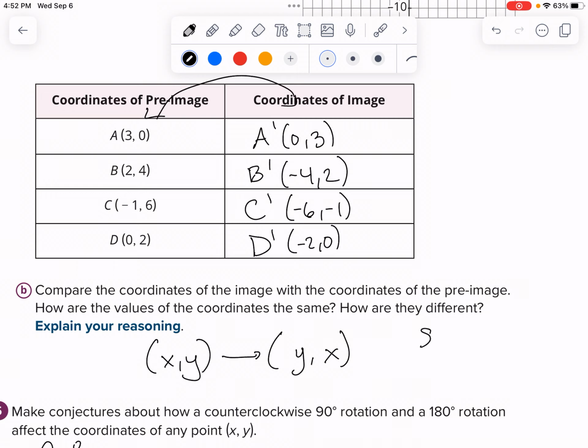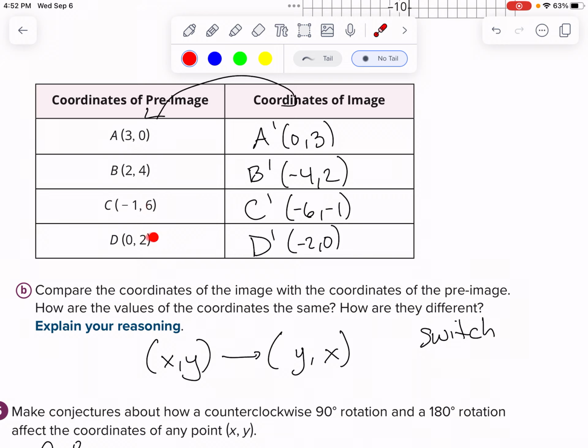I switch. But there's something else at play here, right? Let's look at b for this one. I have positive 2. Yeah, it still stays positive 2. This was a positive 4. It became a negative 4. So that second value, which is the y, becomes the opposite. So here we have a positive 6. Notice how that becomes a negative 6.